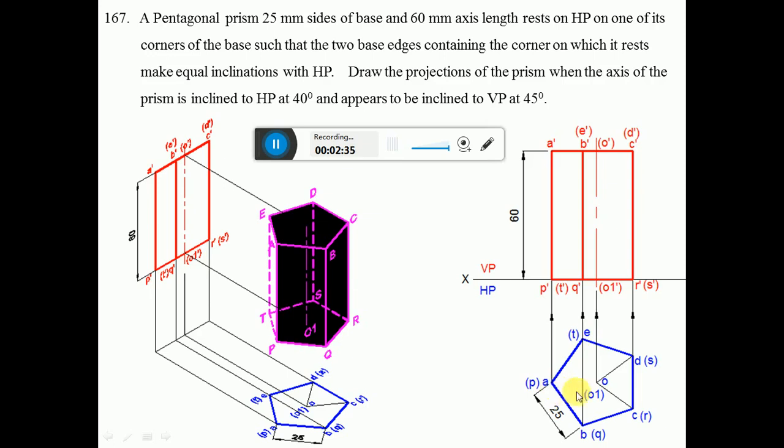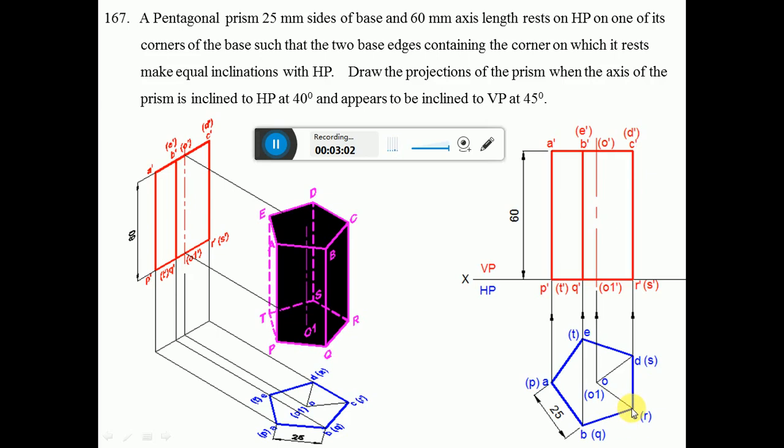First we need to draw a pentagon. We draw a vertical line and mark a point at a distance of 25 mm. It is R and S because it is at the base, therefore R dash is at the base. Take these points as R in bracket and S in bracket.